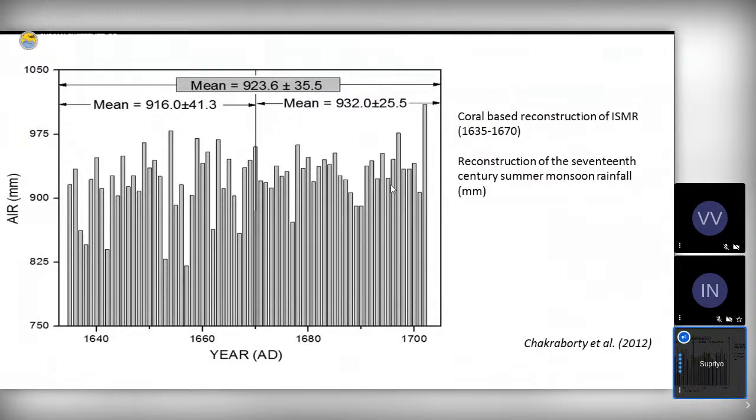But during the later part of this period, the mean monsoon rainfall was 932 millimeter with a lower variability of about 25.5. So this way, it may be possible to use the corals from the Pacific region to reconstruct the rainfall variability over India.